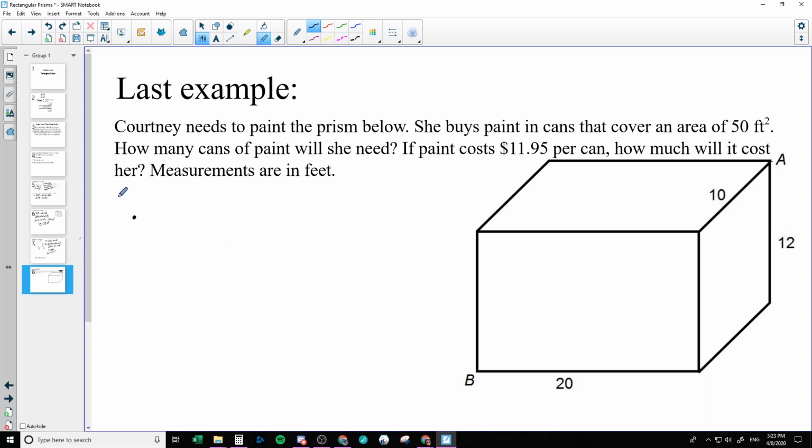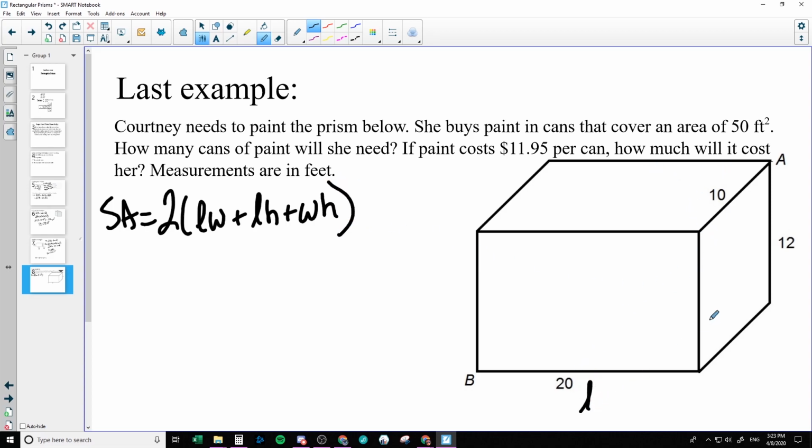So let's write down our formula again. So surface area equals 2 length times width plus length times height plus width times height. Okay, we have to decide which of these is which. I'm going to say this is length, this one is height, and this one will be width.